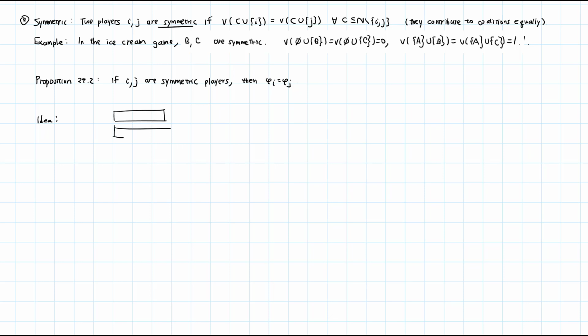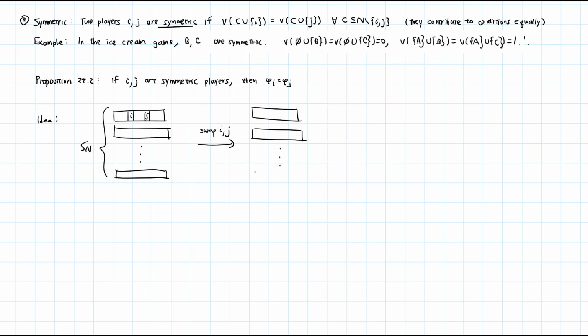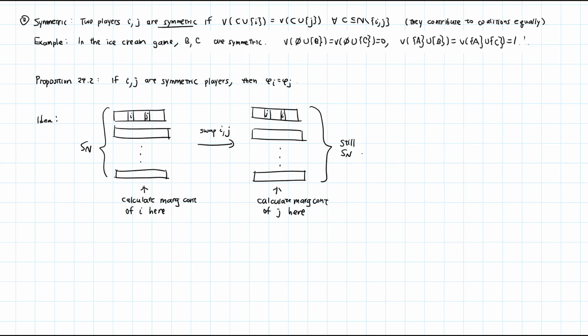We start with all the permutations of n, that is in Sn. For each permutation, we will look at where i and j are and swap them to get a new permutation. When we do that, we still get all the permutations of n, and that's because the swapping operation is reversible. We will calculate the marginal contributions of i using the permutations on the left, and calculate the marginal contributions of j on the permutations on the right.